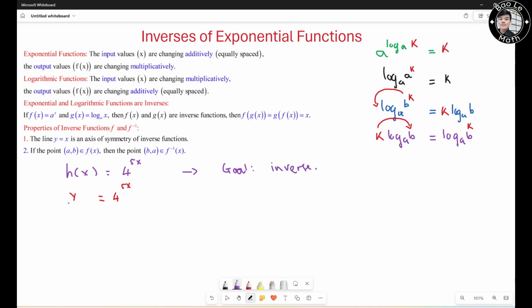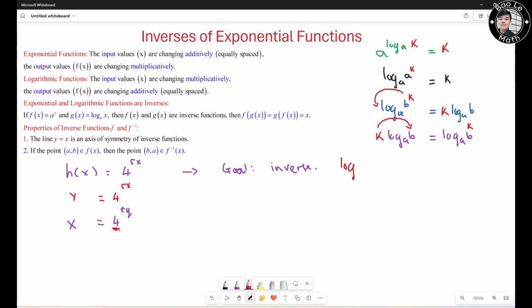So this turns out to be s, and this turns out to be y. So s equals 4 to the 5y right here. Next, we look at the base right here. We see this is 4, and our goal is to find the inverse of this function. It turns out to be the log function, right? So we need to take log base 4 of both sides because the base right here is 4.